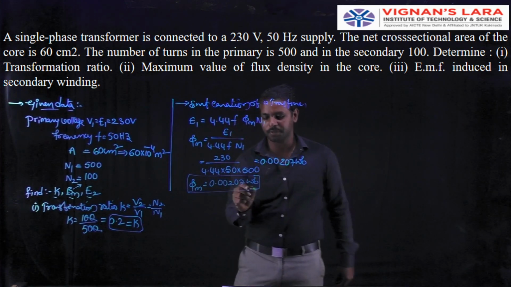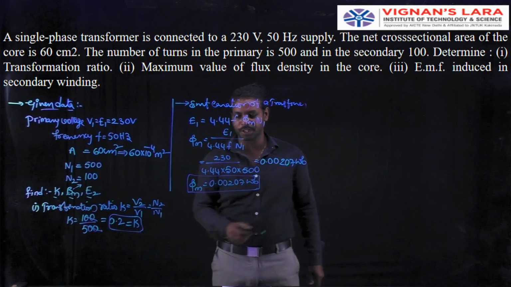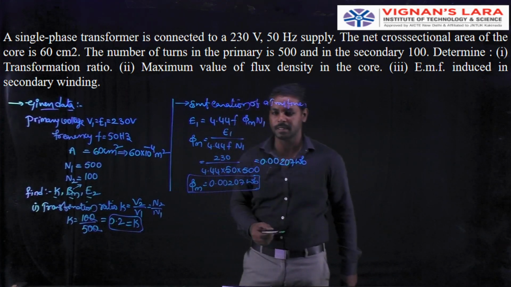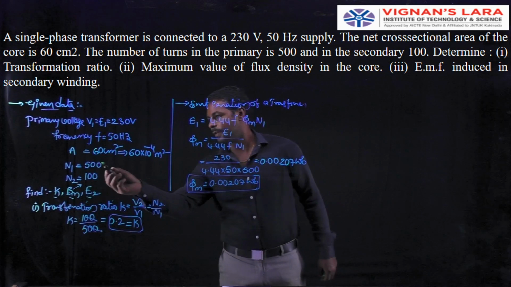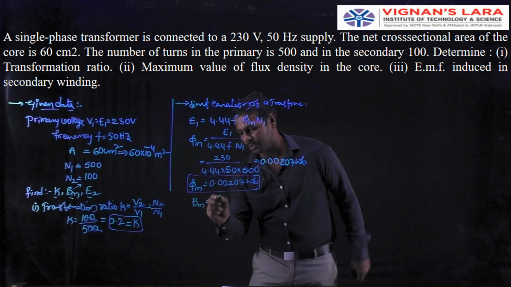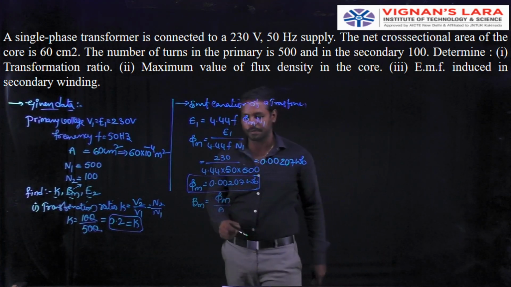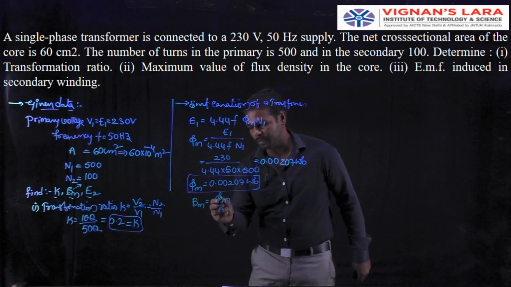After calculation of any parameter, we represent the units. So phi m is equal to 0.00207 Webers. So third one, flux density. What is the expression of flux density? Bm is always equal to flux per unit area, phi m divided by area of cross section of a magnetic core. So phi m is a known value.